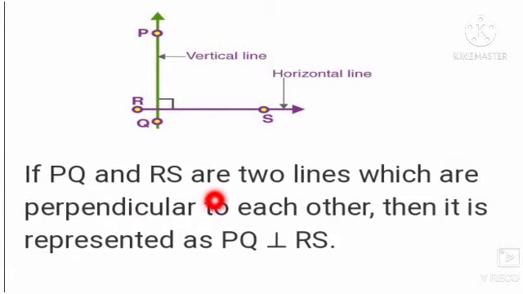If PQ and RS are two lines which are perpendicular to each other, that is the angle between these two lines is 90 degrees, then it is represented as PQ is perpendicular to RS. The symbol for perpendicular is this.